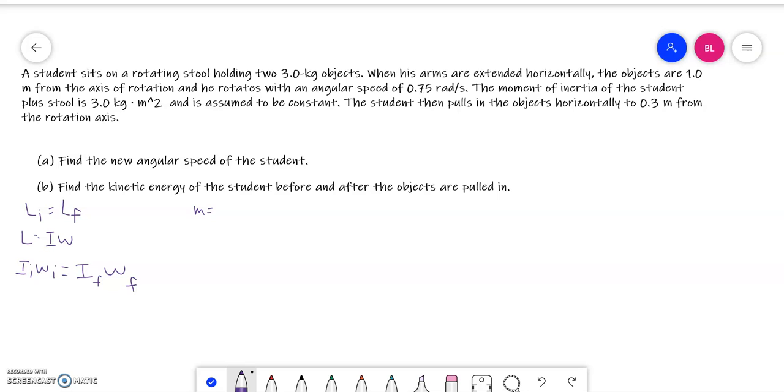We know the masses are both equal to 3 kilograms. We know the initial radius of his arms is 1 meter. We know the moment of inertia of the student plus the stool is equal to 3 kilogram meters squared.